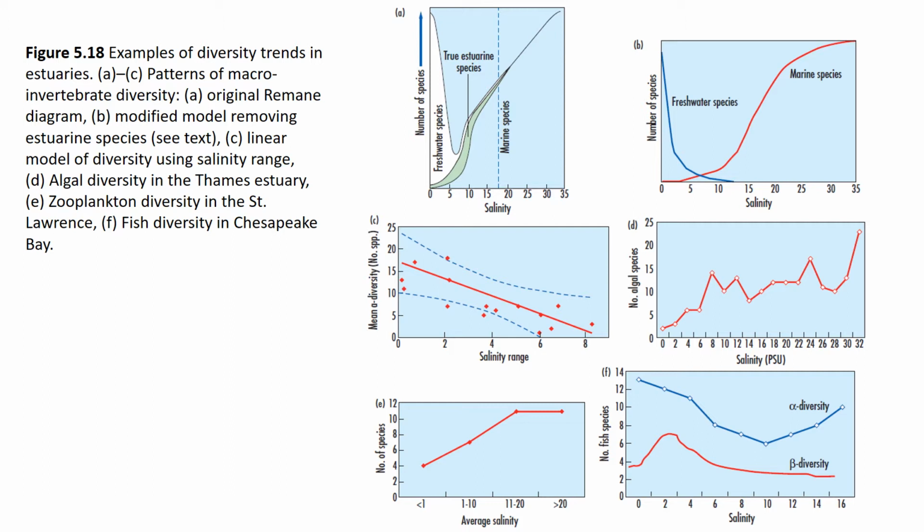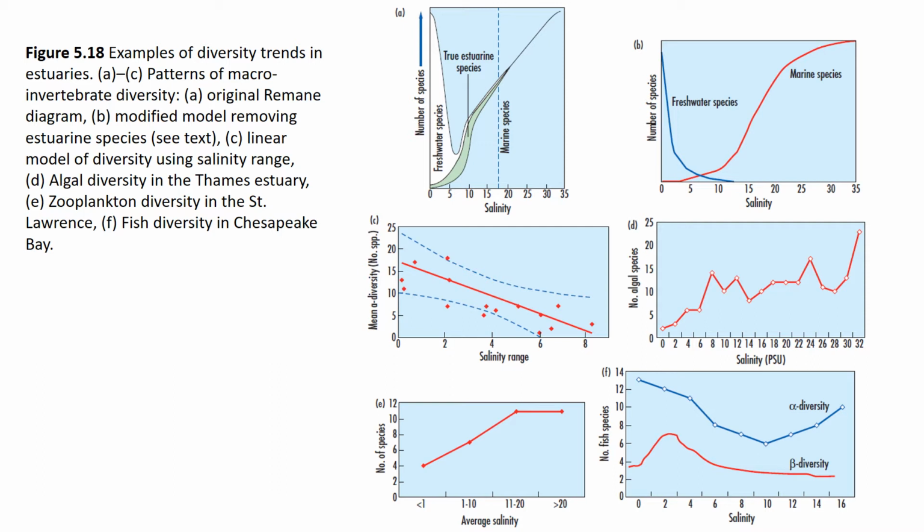This is a diagram named after a scientist whose surname was Remane. And that basically shows the transition with changing salinity from freshwater species to marine species, and also indicates where truly marine estuarine species occur.